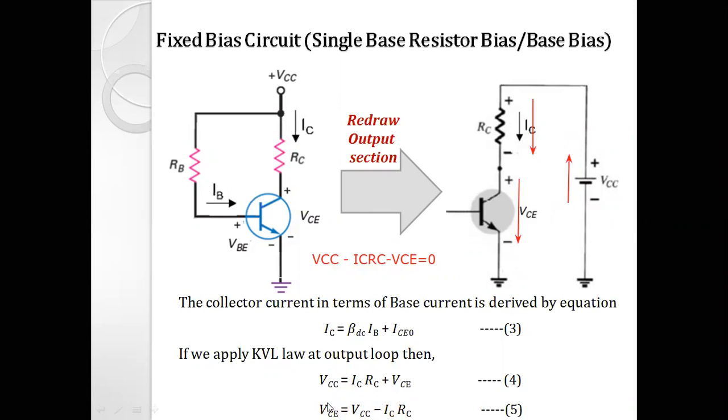That VCE is the second coordinate of the operating point, right? So equation number 3 and equation number 5, these two equations are the mathematical representation of the operating point, which gives us the location of the operating point on the output characteristic of this transistor.